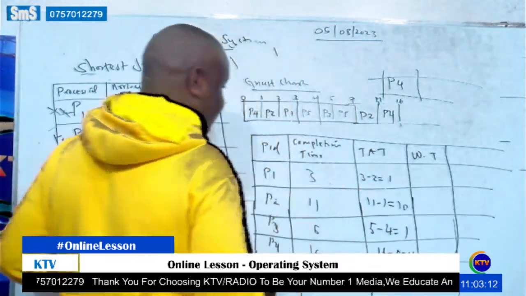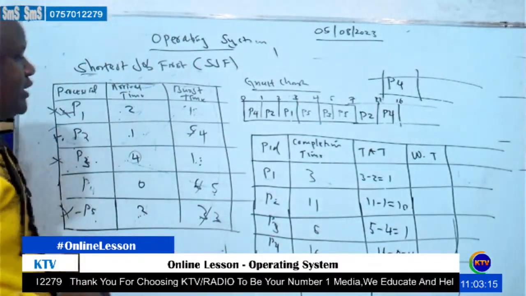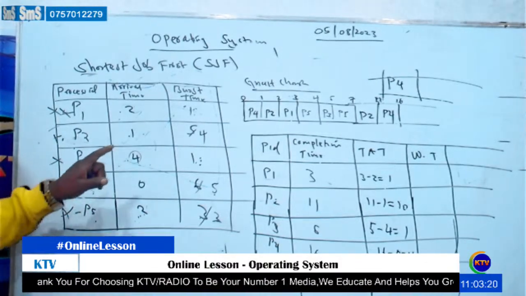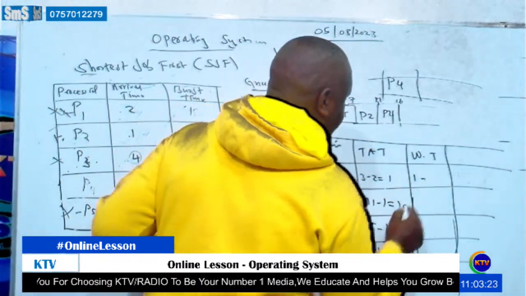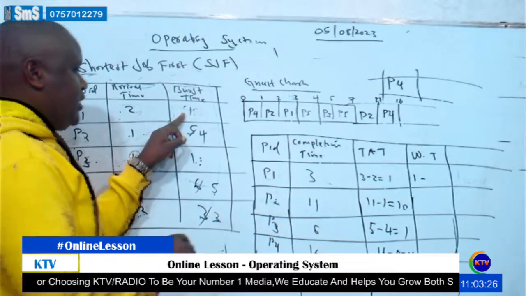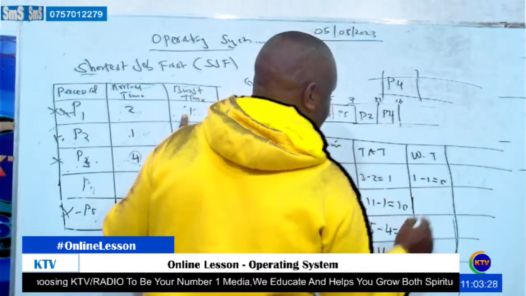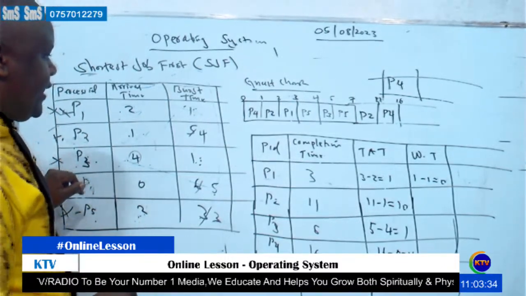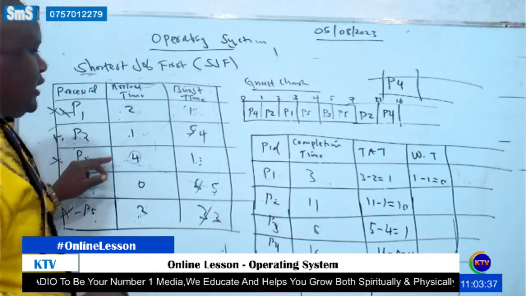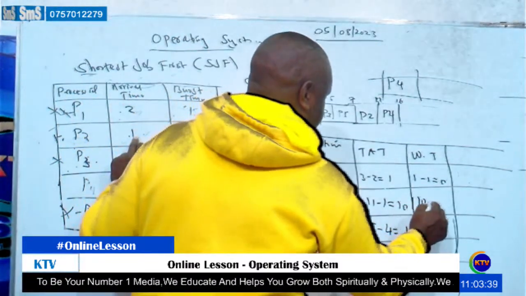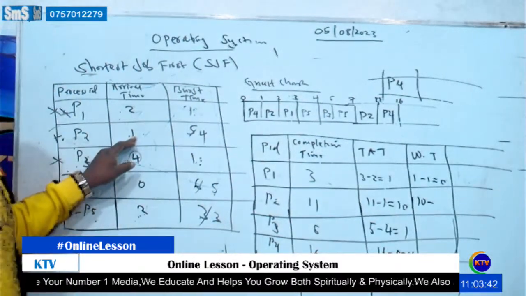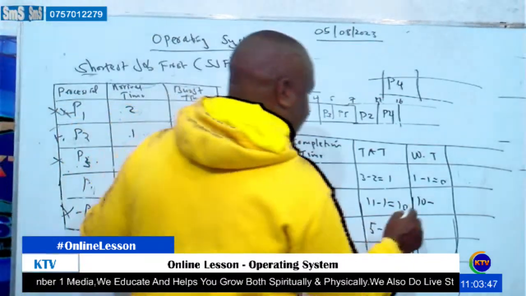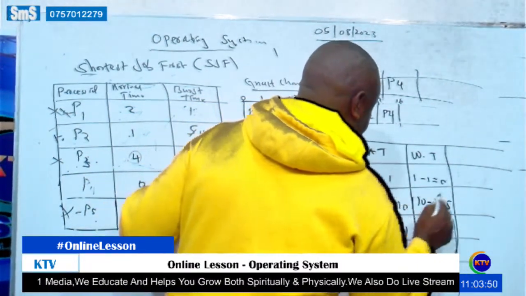which is 5. And now the waiting time: we look at the turnaround time minus the burst time. For process 1, 1 minus 1 is 0, so the waiting time for process 1 is 0. Process 2, turnaround time is 10 minus the burst time 5, which is 5.